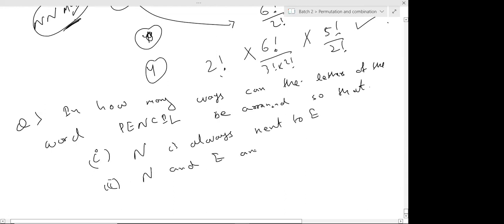N and E are always together. Try to solve this.